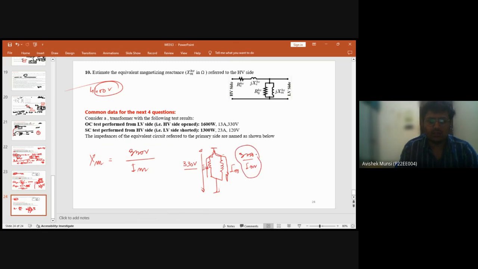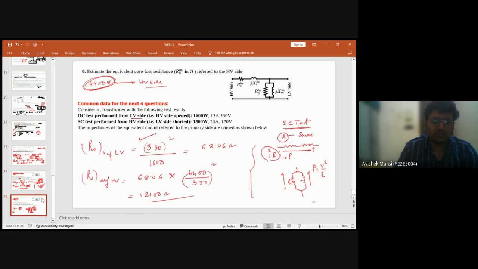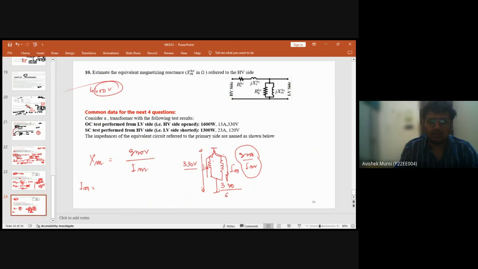Basic KCL, KVL, but IM is not known. So if you have to calculate IM, this current we have to know. This current is 330 by what was the resistance we calculated? 68.06, right? So IM should be the total no load current, that is I naught square minus IW square.